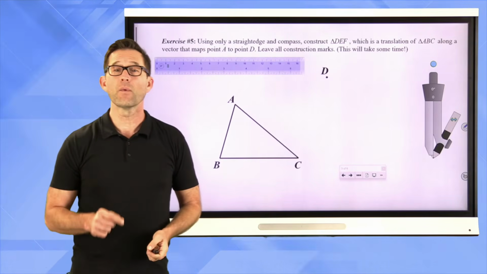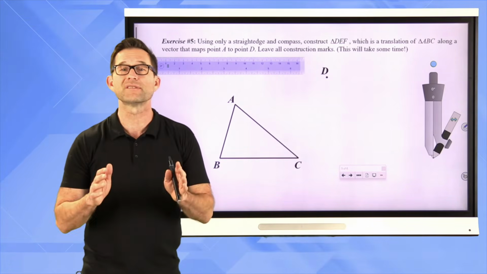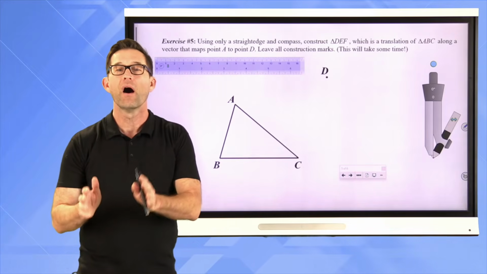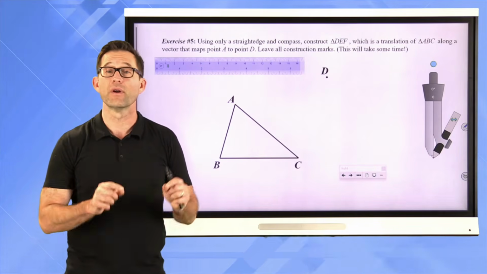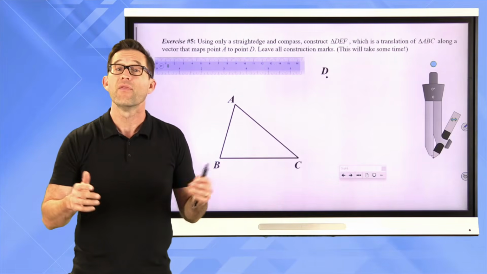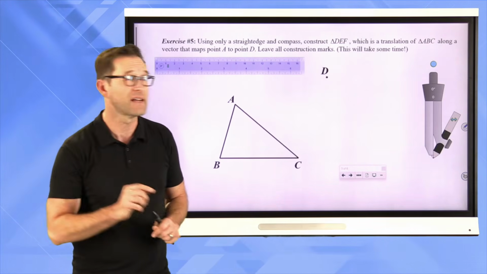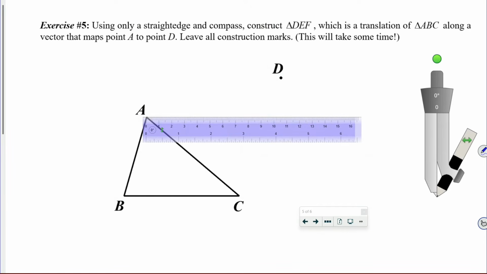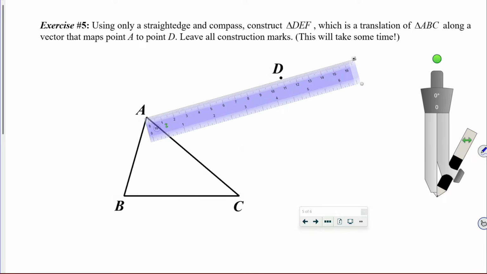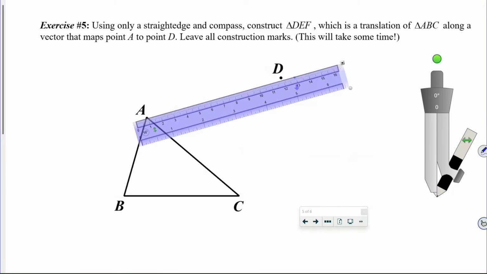Now the first thing I want to do in this situation is establish the direction of the translation. And the direction of the translation is going to be the direction of the line that passes through A and D. So that's the first thing I'm going to do. I'm going to just draw a line through points A and D, so that I've got that direction down, right?